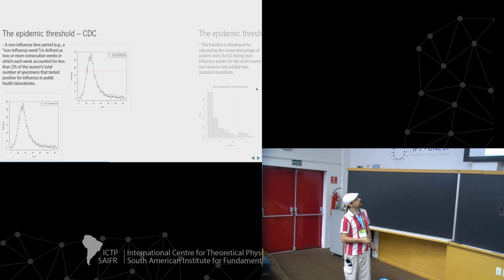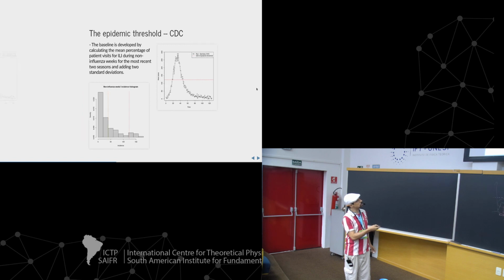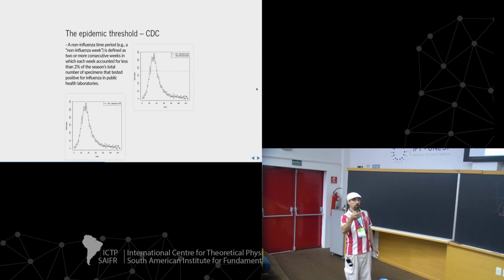What we do then is, now I look at the distribution for the 3 previous seasons that I have. I aggregate all of the cases that are below this threshold, that I will classify as non-influenza weeks, and I will look at the distribution of those cases, okay?